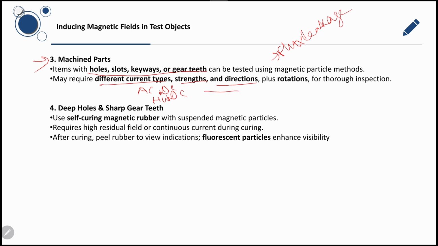Rotate the part and perform multiple magnetization shots if necessary. Example, a gear might need one circular field to check the teeth and another longitudinal field to check the root areas. So testing machined parts requires patience and planning.